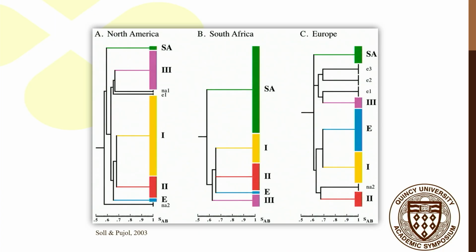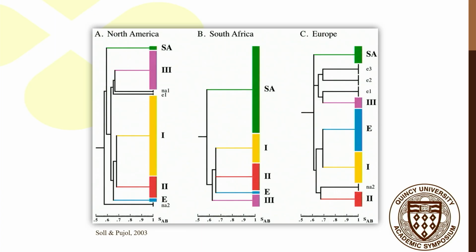This figure details the different clades of Candida albicans. It was taken from Dr. Pujol in Seoul and shows DNA fingerprinting of different strains that are classified into these clades. We have clade 1, clade 2, clade 3, the South African clade, and the European clade.